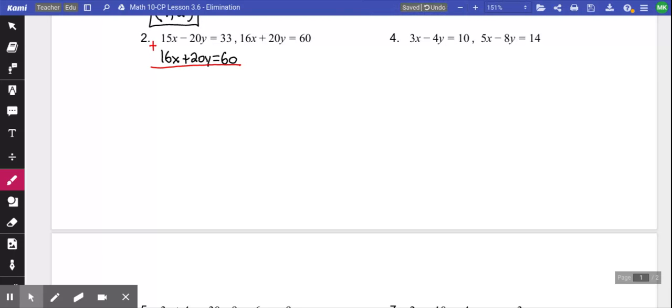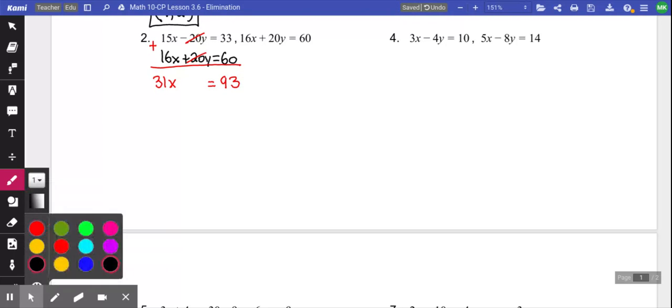15 plus 16 is 31x. Negative 20 plus 20 will eliminate. 33 plus 60 is 93. So I now have a new equation of 31x equals 93.